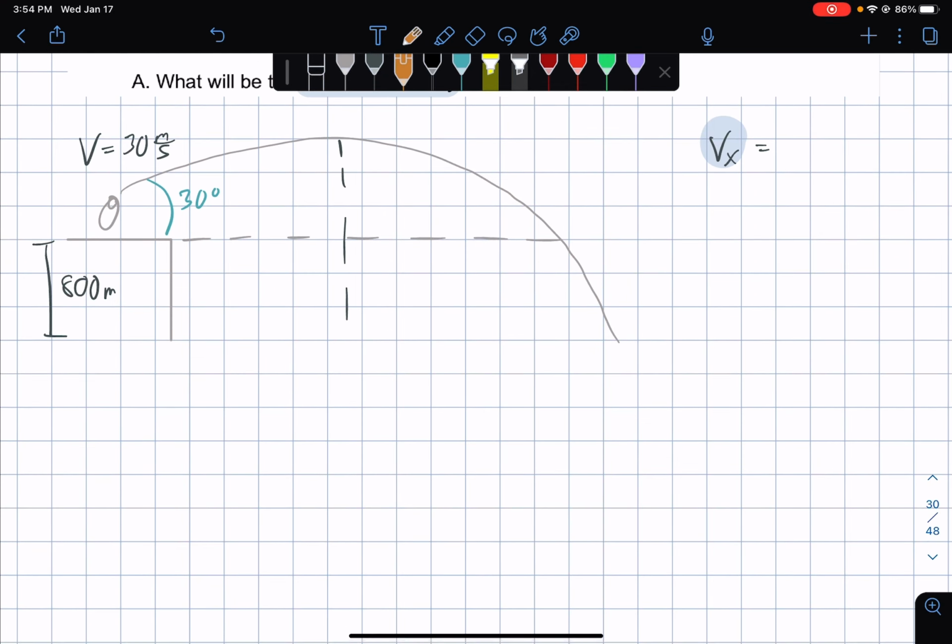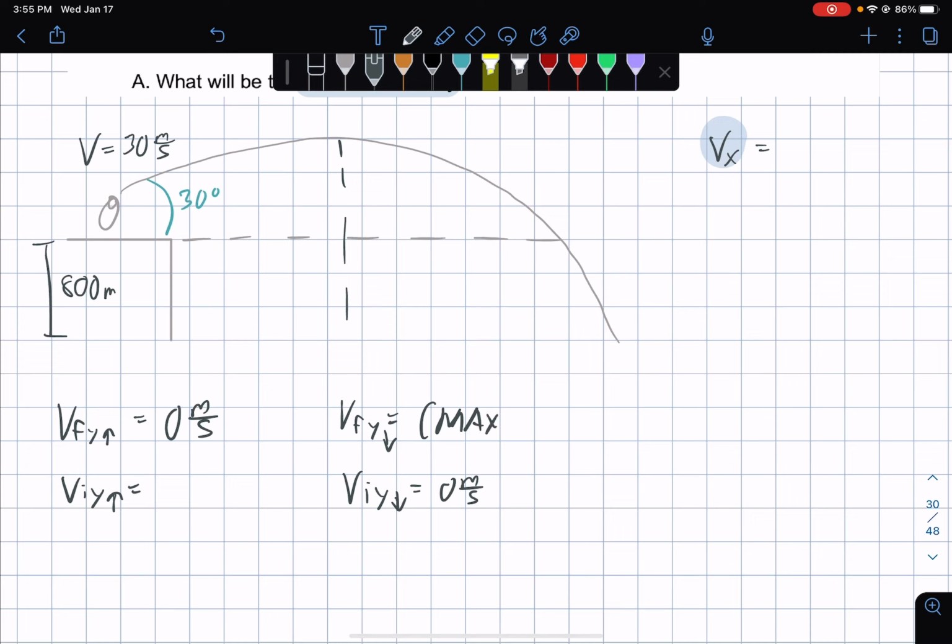So let's see, VFY going up, VIY going down, sorry, VIY going up also. VFY eventually goes 0 meters per second, as well as VIY going down. VFY going down is at its maximum.